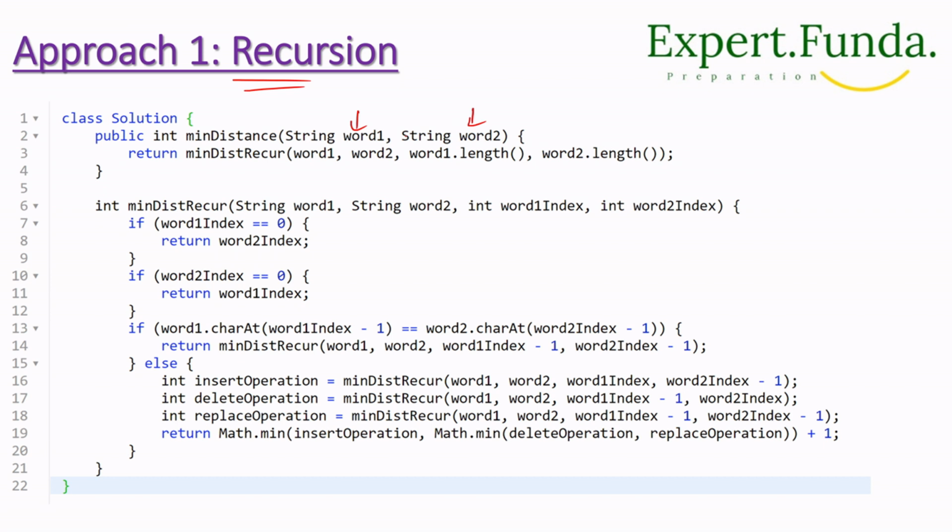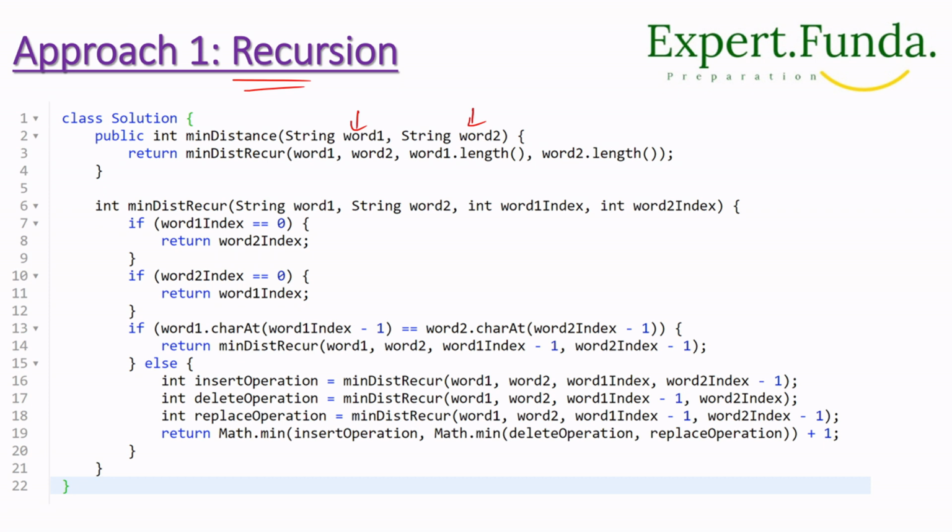If the two strings in word1 and word2 are the same, then the edit distance is 0. So for that, we'll check this one. If both are the same, like which index, we will see later.